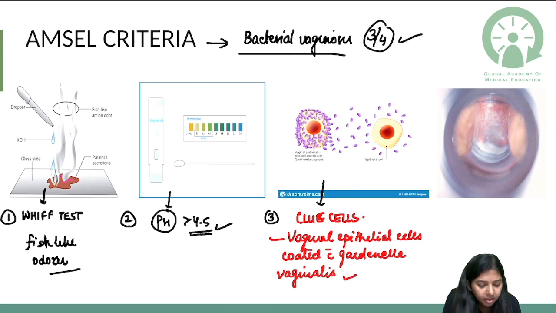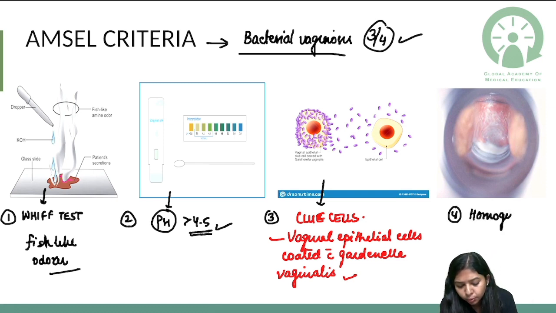Very important. Clue cells are vaginal epithelial cells coated with Gardnerella vaginalis at the borders, okay? And last is a homogeneous off-white greyish discharge coating the vaginal walls.